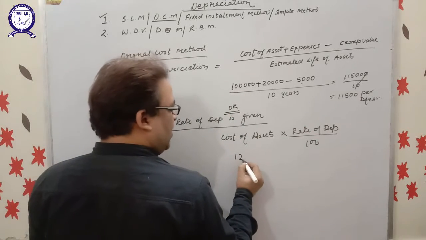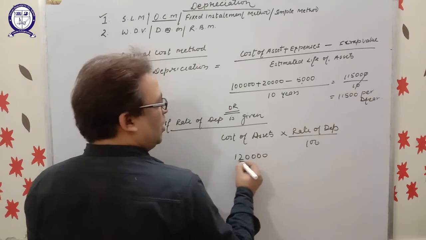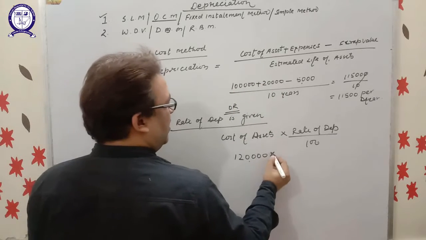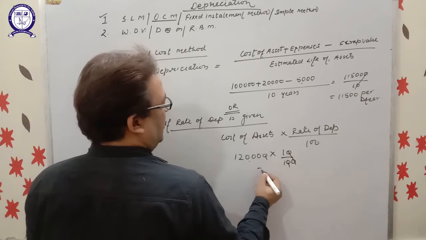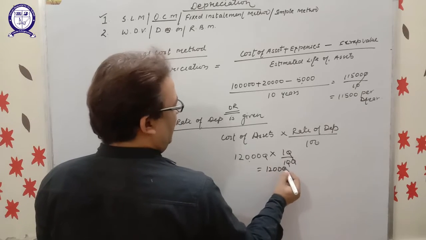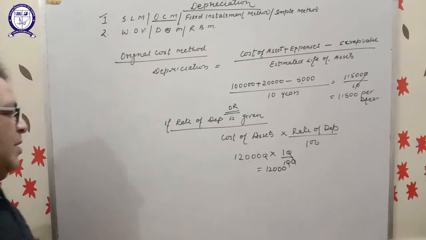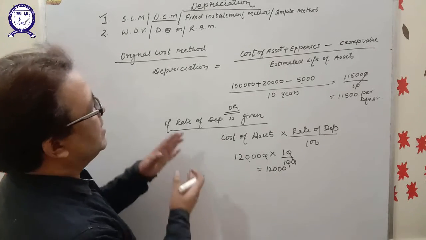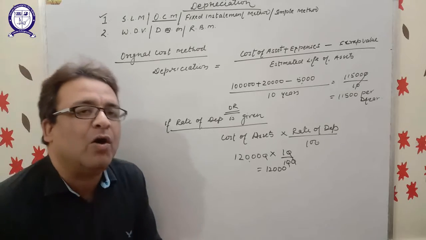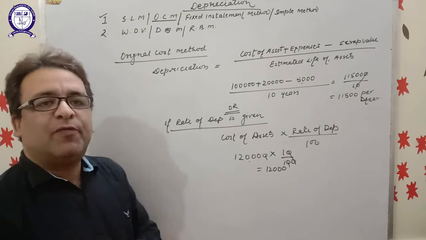Suppose 1,20,000 is the total cost, cost plus expenses, and the rate of depreciation is given 10%. So 12,000 depreciation will be recorded in the books of accounts every year. So this is the way how to calculate the amount of depreciation.